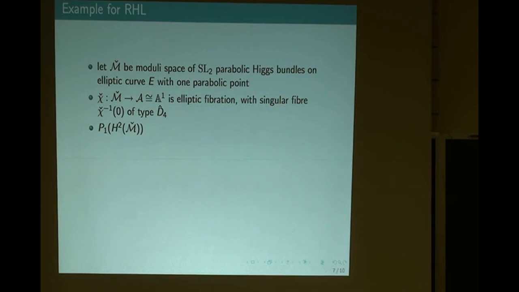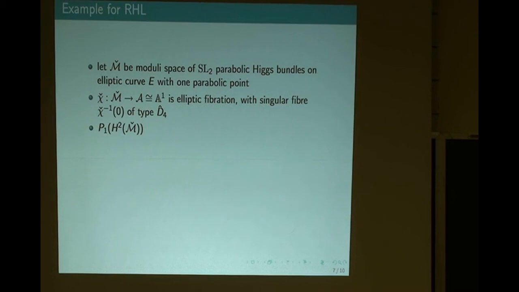So everything which comes from compact cycles will go down to zero, and the result is that the kernel of this map is going to be exactly the image of compactly supported cohomology in ordinary cohomology, because it's a 4-dimensional image. You can calculate the intersection form of compactly supported cohomology. You have the Cartan matrix of the affine D4, so the rank of that is 4.